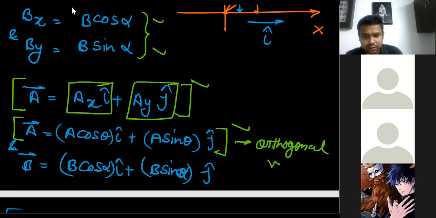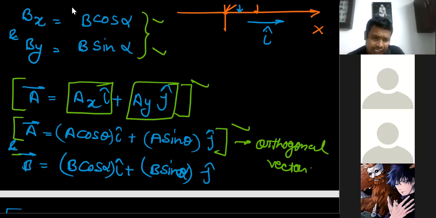If any vector is written in the form of i cap, j cap, k cap, then such a vector is called an orthogonal vector.